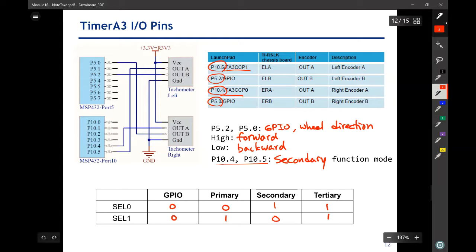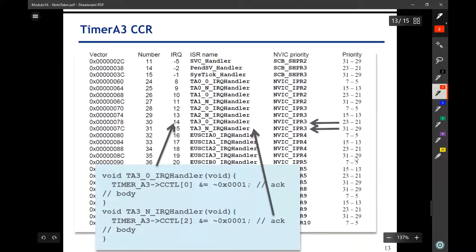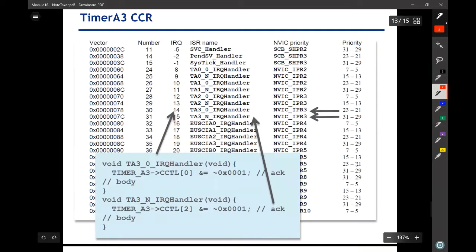And how about the interrupt? For TA3, the interrupt request numbers, the IRQ, are 14 and 15.